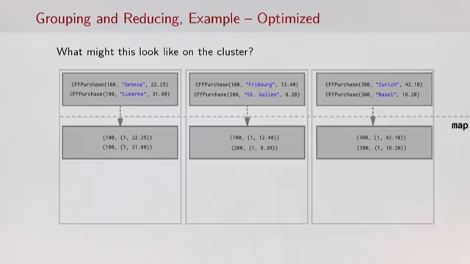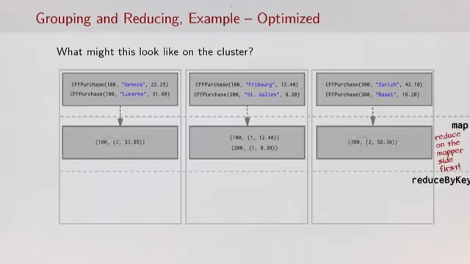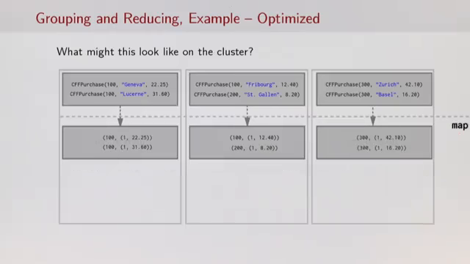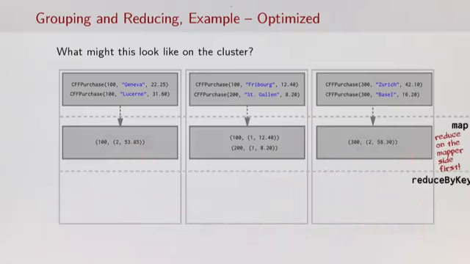Well, since reduceByKey reduces the data on the mapper side first, the pairs on our three nodes are reduced and they look like this. So here's before, here's after. So what we had was two elements with key 100 on this node, two elements with key 300 on this node. We could reduce them together into a single element that looks like this.